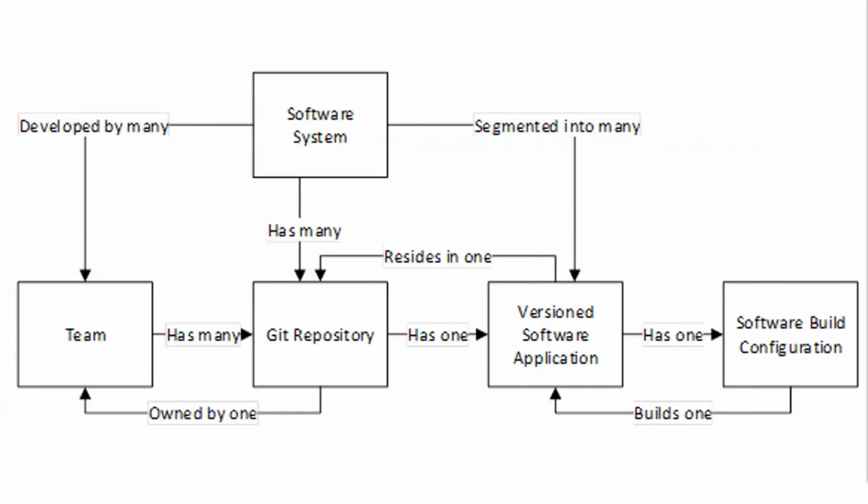And that is, you have a software system that's broken up into multiple applications. But each of those independent applications has its own Git repository and is developed by a single team. And so if you have a massive software system that is running a big swath of your company, you might have one application that's used by a certain department of users, and it has a certain technology stack, and you have another application that has maybe a slightly different technology stack.